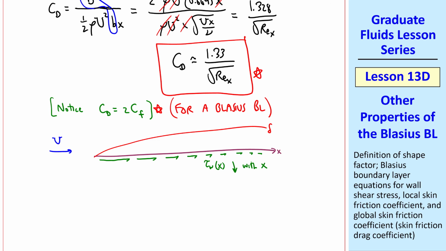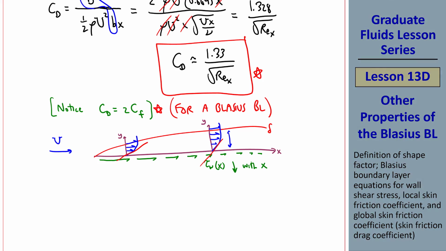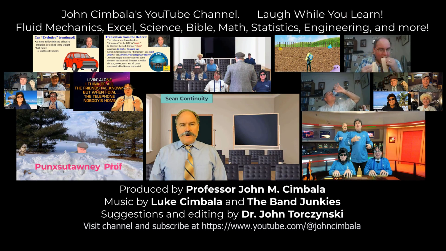It just turns out that CD is twice Cf. In terms of the velocity profiles, as we've pointed out, the profile shapes are similar, but as we go downstream, they're just stretched vertically as delta grows with x, and that's what causes the slope to decrease as we go downstream.